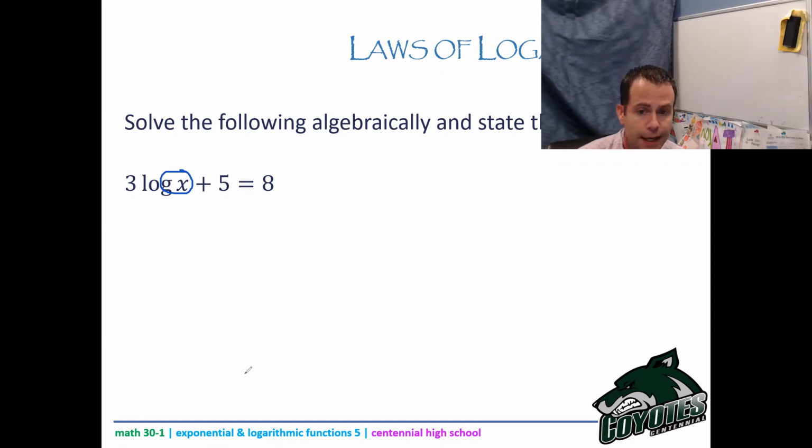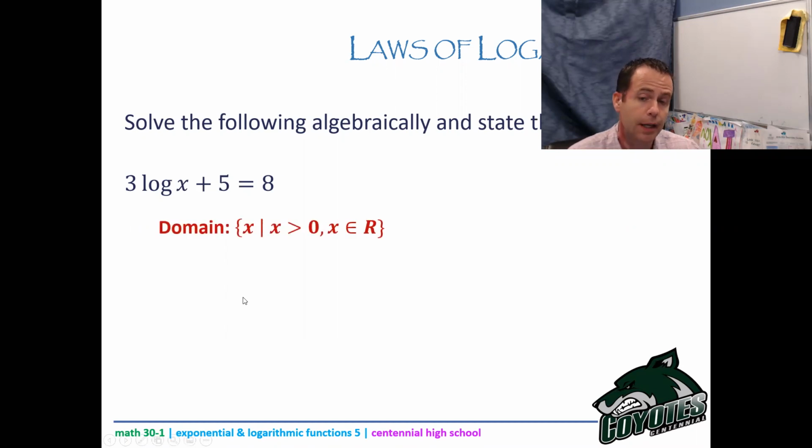Remember we had this conversation once where we said the restrictions often become the domain of the graph. The restrictions on a radical became the domain of that radical. The restrictions on the rational became the domain of that rational. So it's the same thing here. If you're asked for the domain, you're really just asked to think about the restrictions. Because x has to be greater than 0, you know that the domain for this guy will be x is greater than 0 and x is a member of the reals.